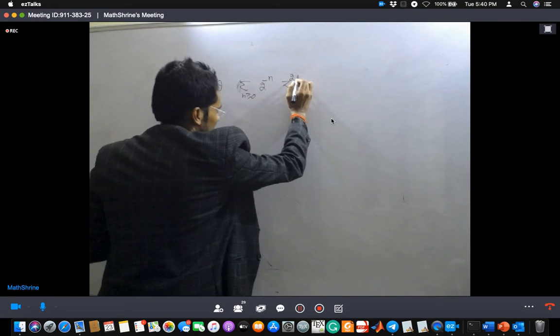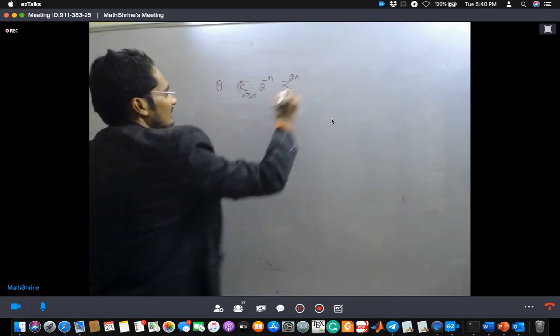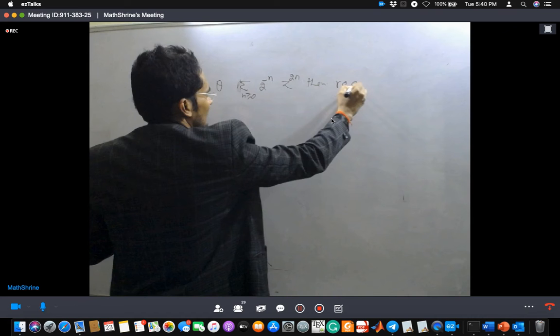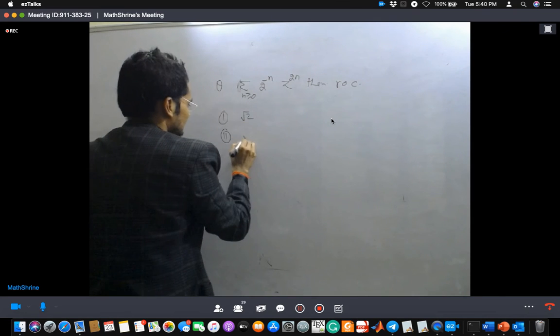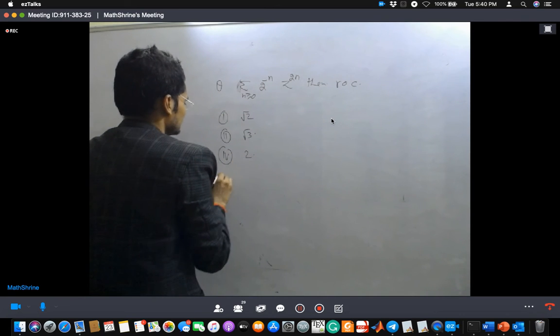Then the radius of convergence: the first option is root 2, the second option is 2, the third option is 2, and one more option is 1.